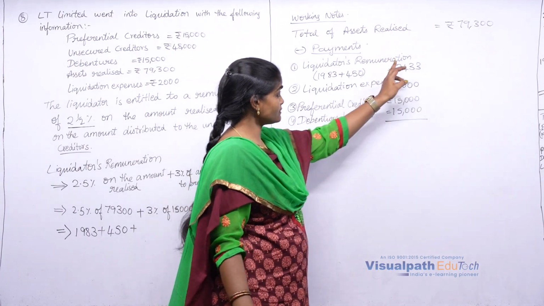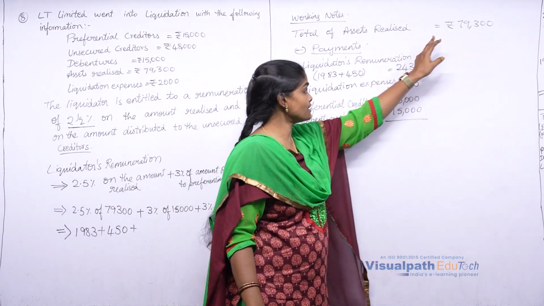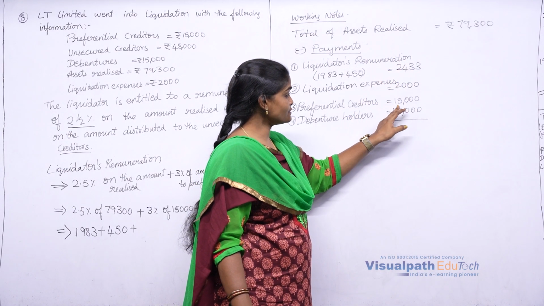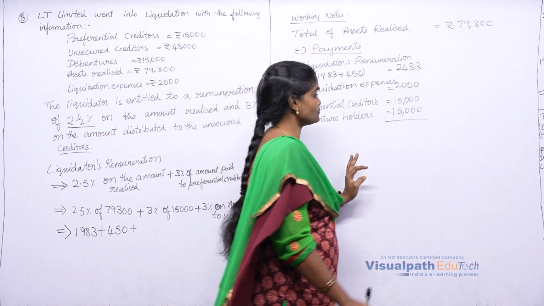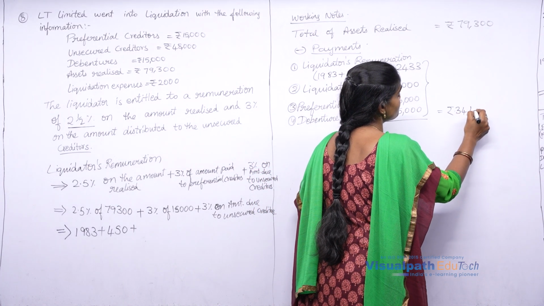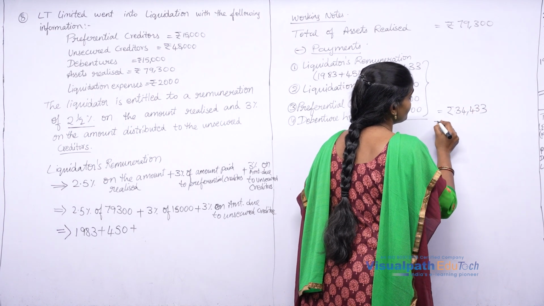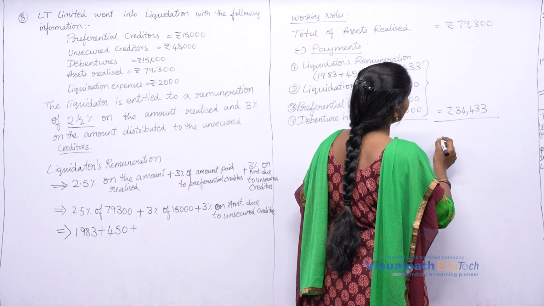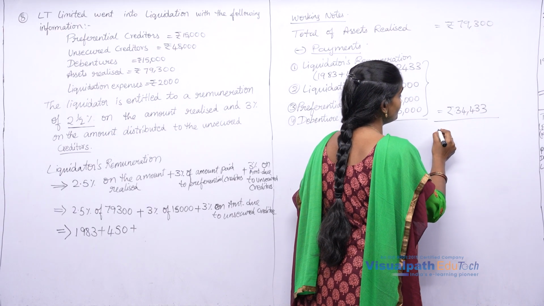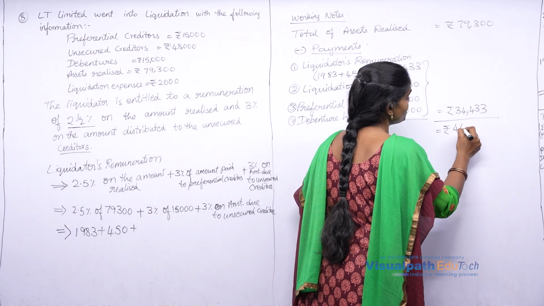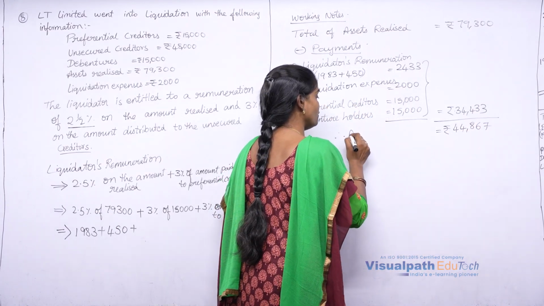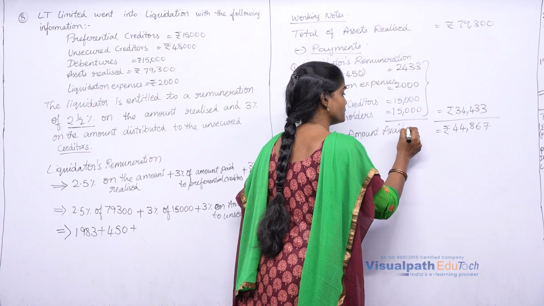So add this and deduct from 79,300. So 2,433 plus 2,000 plus 15,000 plus 15,000 we get rupees 34,433. So 79,300 minus 34,433 we get rupees 44,867.